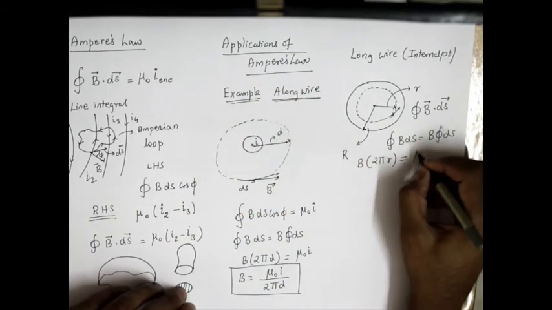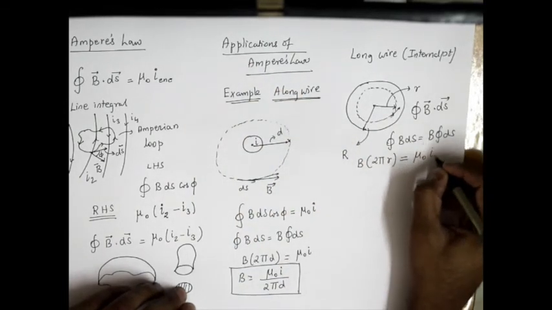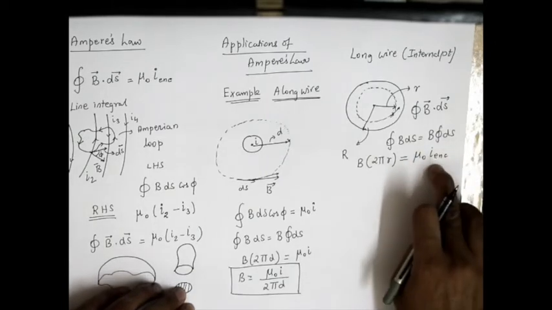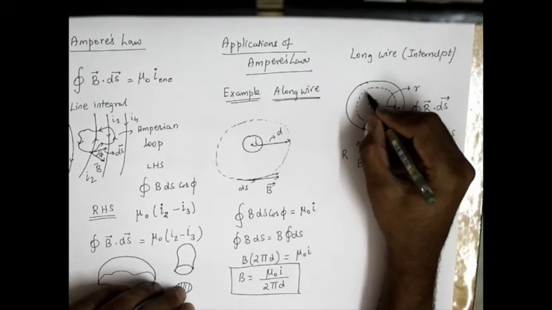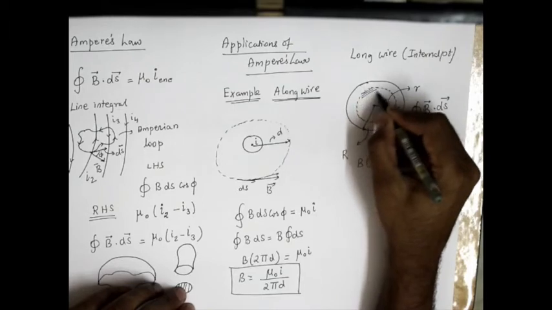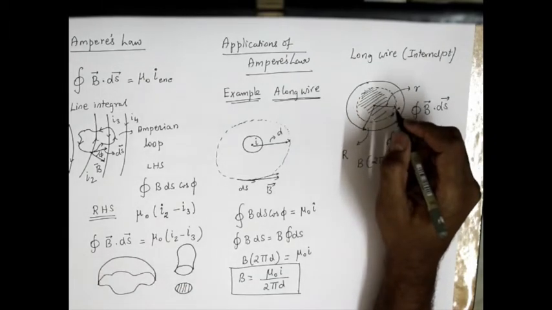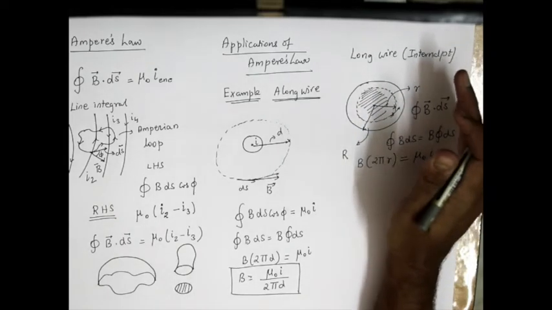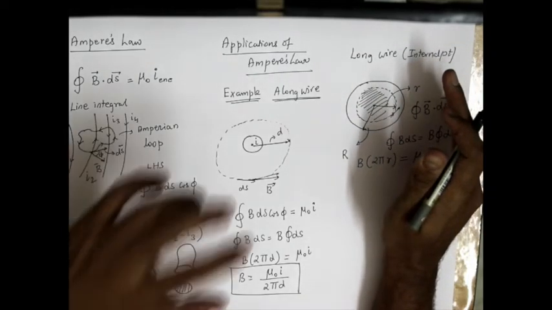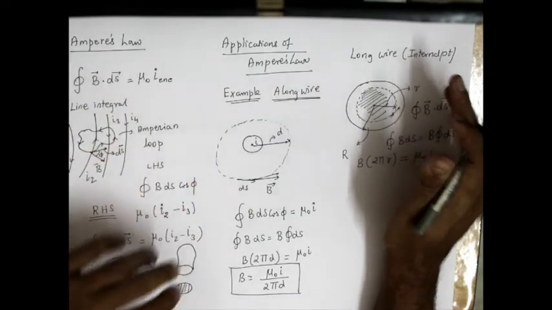Now let us come to the right hand side. Right hand side is nothing but mu 0 times I enclosed. But what is I enclosed? I enclosed is nothing but the current that is enclosed within this Amperian loop. Now we make a very important point here.